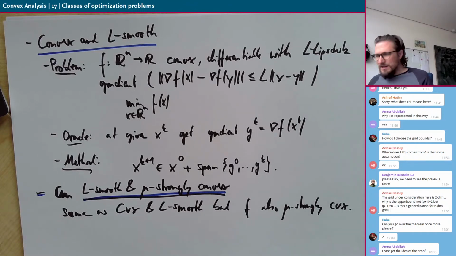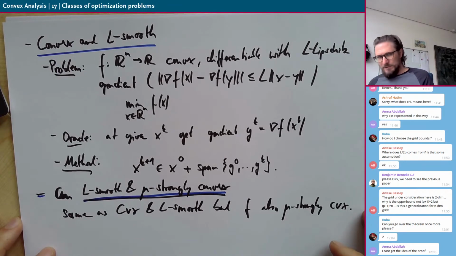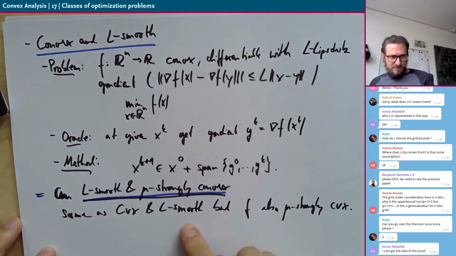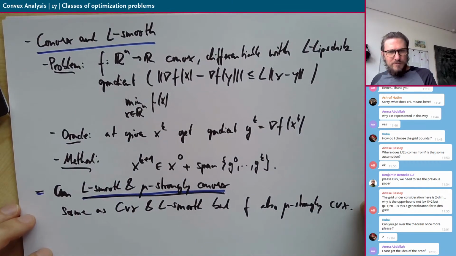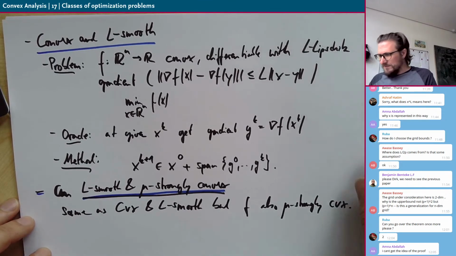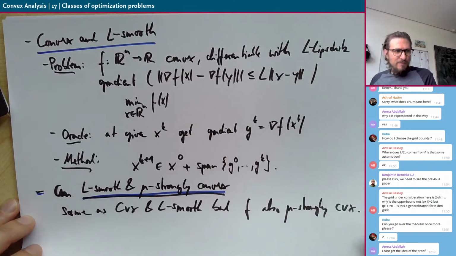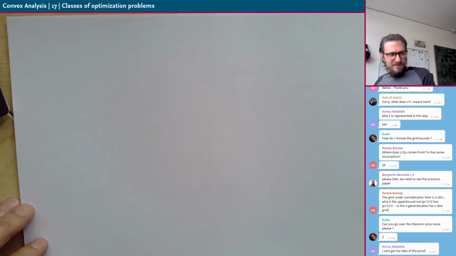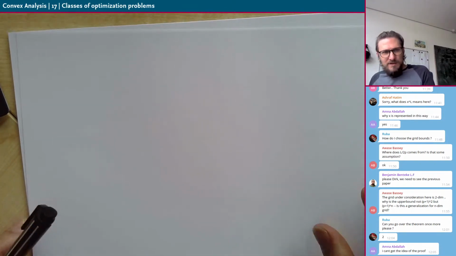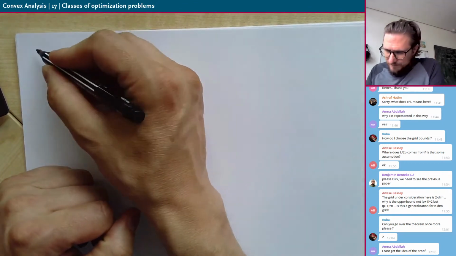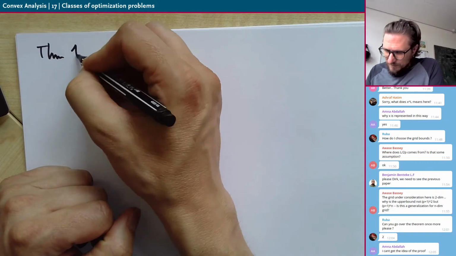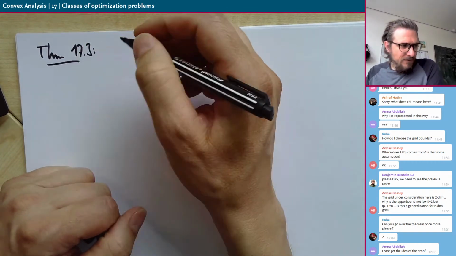Okay, so before we can analyze these classes of problems, we need some more properties of the functions in these classes. We've already gone over a few properties of convex and Lipschitz continuous or convex and L-smooth functions, but we need some more inequalities, and these are going to be stated in the next theorem. This is now a list of properties for L-smooth functions. Theorem 17.3.